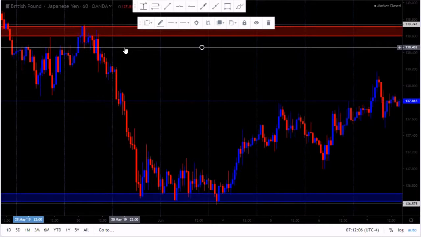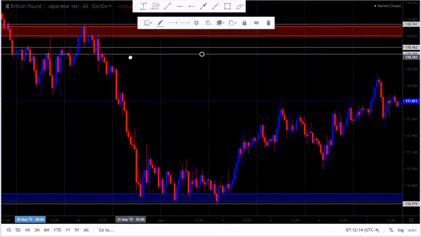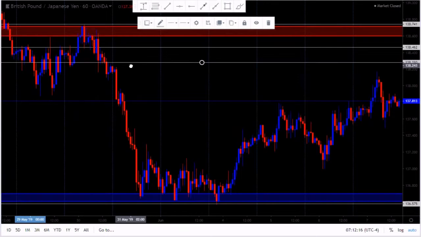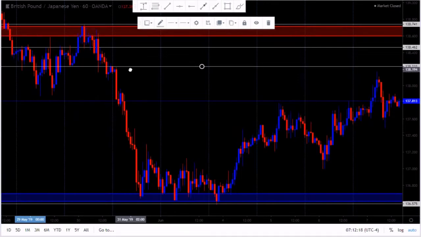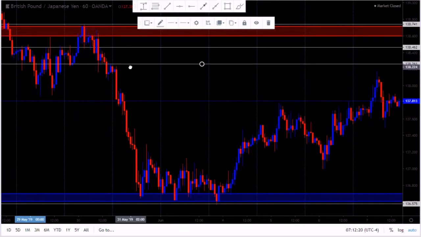Then from there we just keep going down. I try to get a few different levels when I'm doing this. We can just hit control and drag, and it looks like another zone right in here. The reason I chose this as a zone, again, is we have a breakout, we have a bounce, and they continue to come.